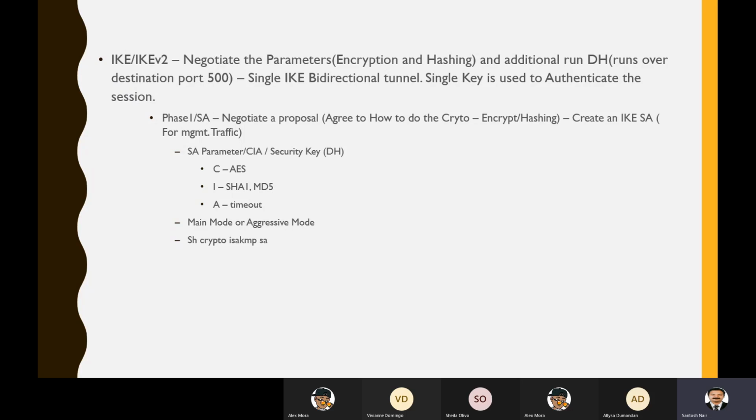That is negotiated in phase 1. During phase 1, one tunnel is built, and that is a bidirectional tunnel. In that phase, it will authenticate and exchange the security parameters, and once both agree, only then will the phase 1 tunnel be formed. For that we mainly use IKE, Internet Key Exchange.